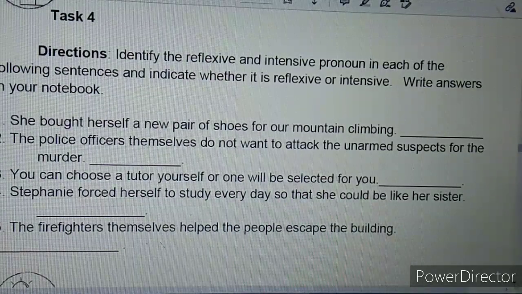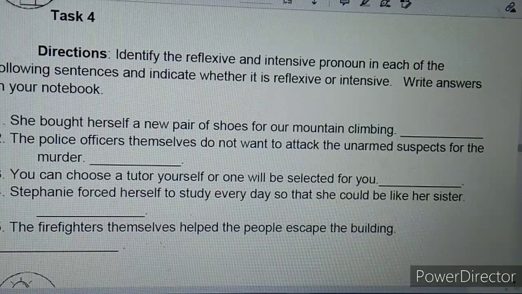Number 3, you can choose a tutor yourself or one will be selected for you. The correct answer for number 3 is the word yourself, and it is an example of, yes, very good, intensive. So yourself dash intensive.